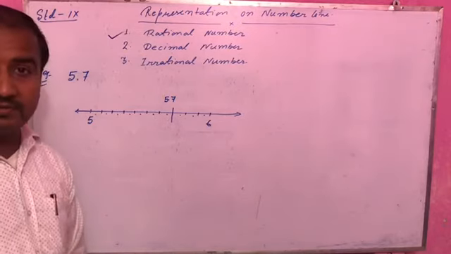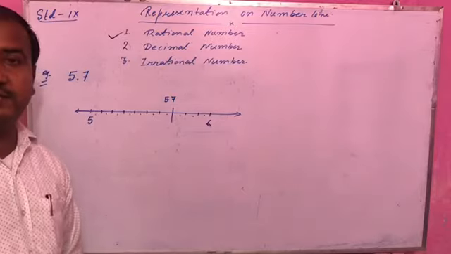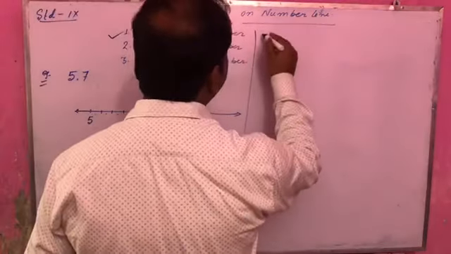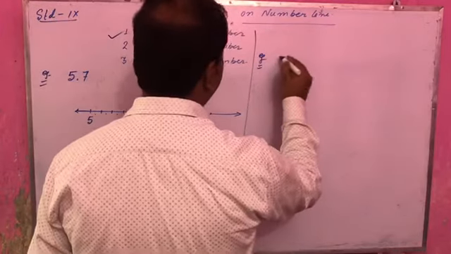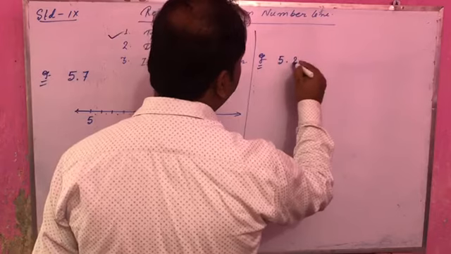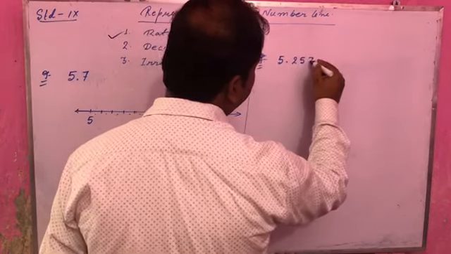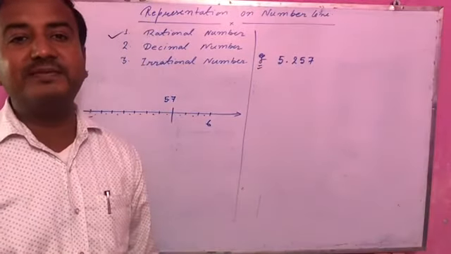Sir, if the decimal number has 3 digits in the decimal, means if the question is 5.257, just represent 5.257 on the number line.